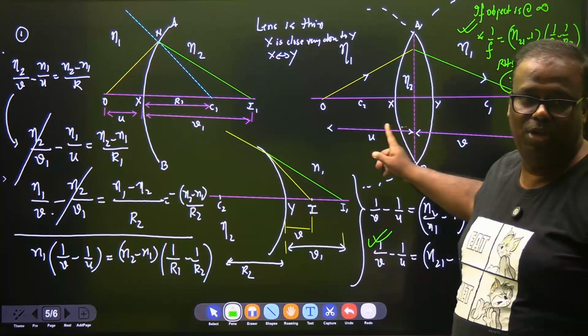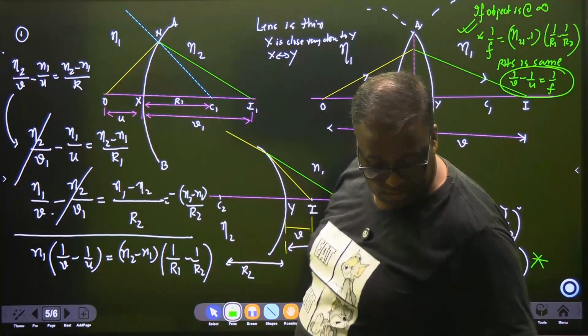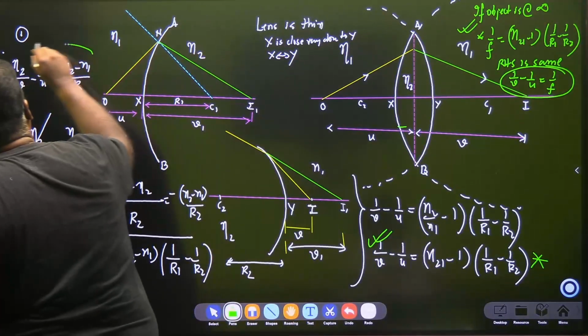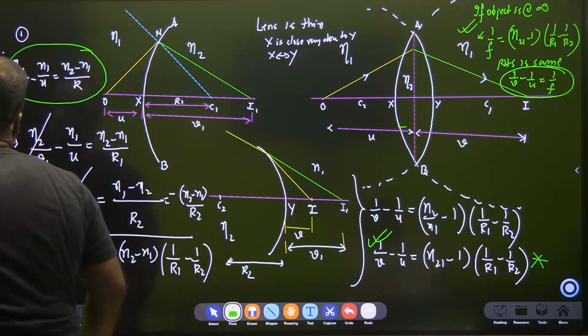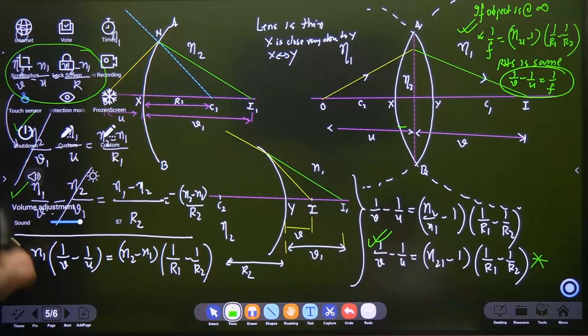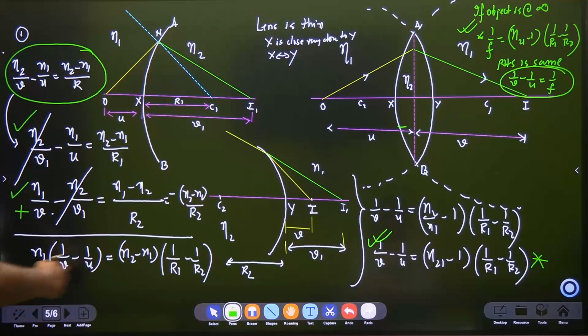Not for this formula, for the previous one, because this is the mother formula that we will be applying. If you understand this formula, your derivation will become very easy. So this is the mother formula. From this mother formula, we will be able to find this criteria, the first equation, the second equation, add both the equations, then we get this.